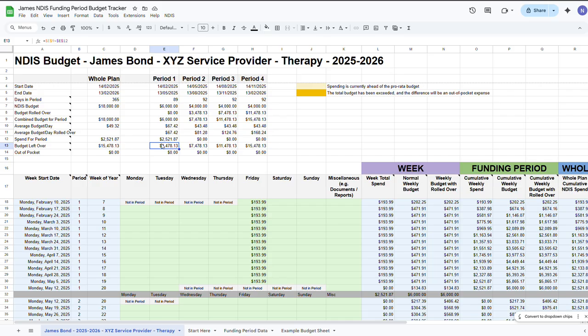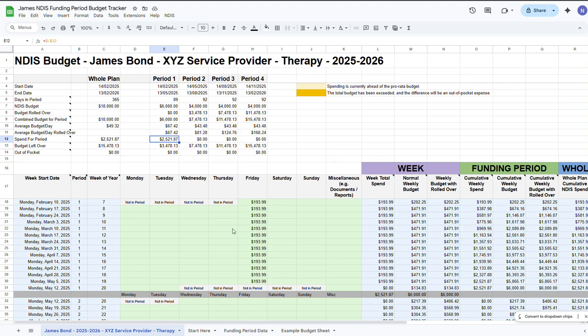So for my entire plan, it again gives me the amount I've spent in total, which, because I've only entered in data for period 1, it's the same as the total for period 1. And I've got $15,478.13 left.